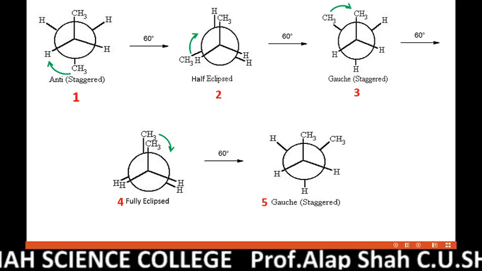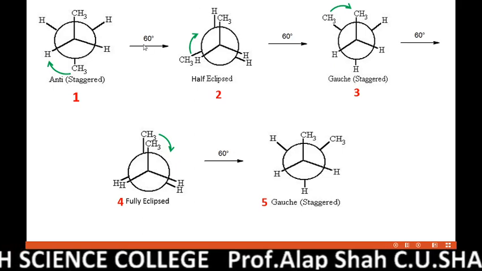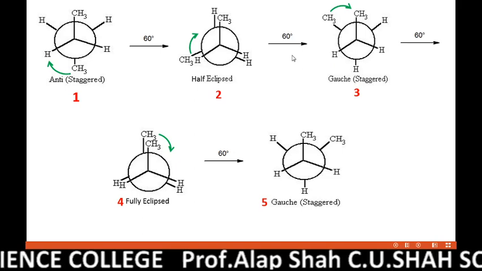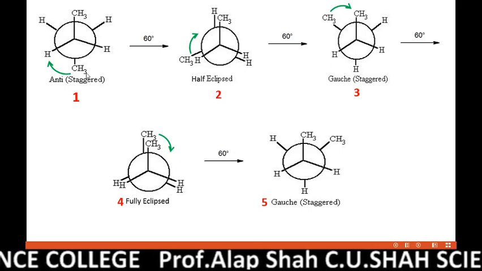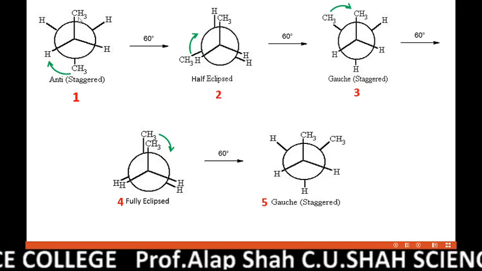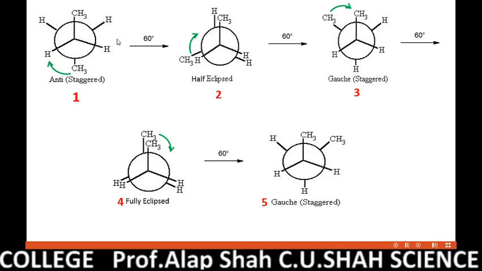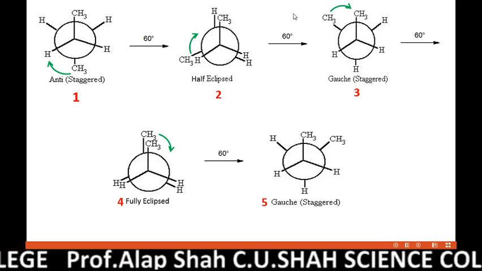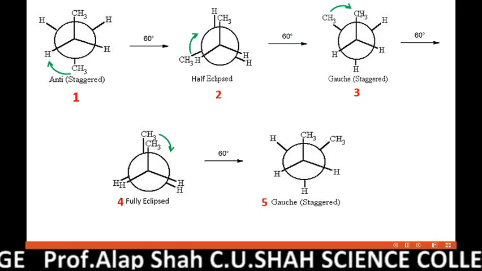But now we have two staggered, first one and third one. Then in these two, which one is more stable? So now friends, easily you can understand that here the angle between two methyl groups is 180 degrees, while it is just 120 in this eclipse and nearly 60 degrees between these two.